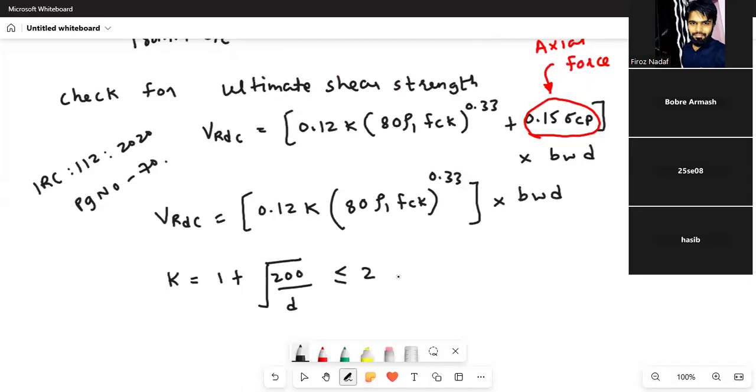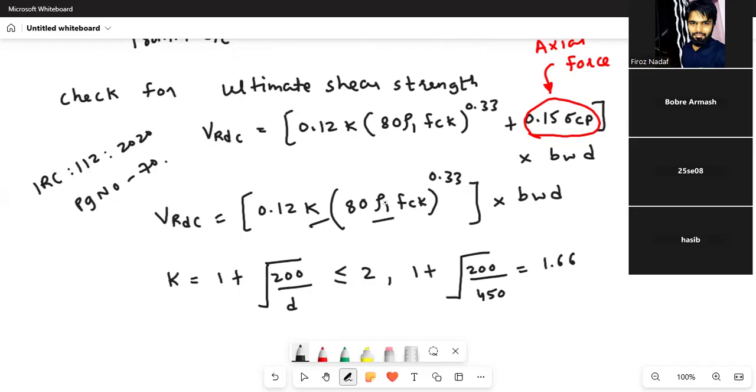You can substitute the value of small d, which in our case is 450. So 1 plus under root 200 divided by 450 comes as 1.66, which is less than 2, and this value can be taken. So we have gotten the value of k.